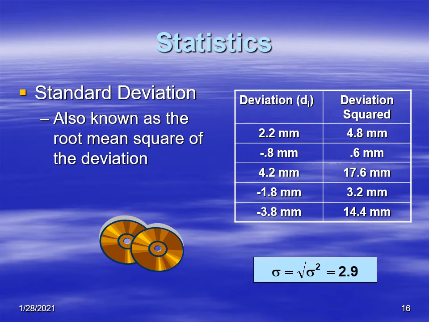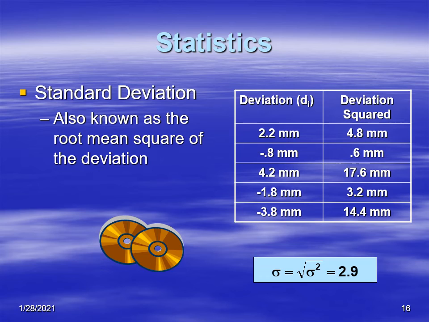As you can see in the table, in the left-hand column, we have all of the deviations. We calculated those. On the right, we square all those. We added up the squares, divided that by 5 because we have 5 measurements, and then we took the square root, and that gave us a standard deviation of 2.9. So standard deviation 2.9 millimeters, and you can think of that as the average deviation of our sample.